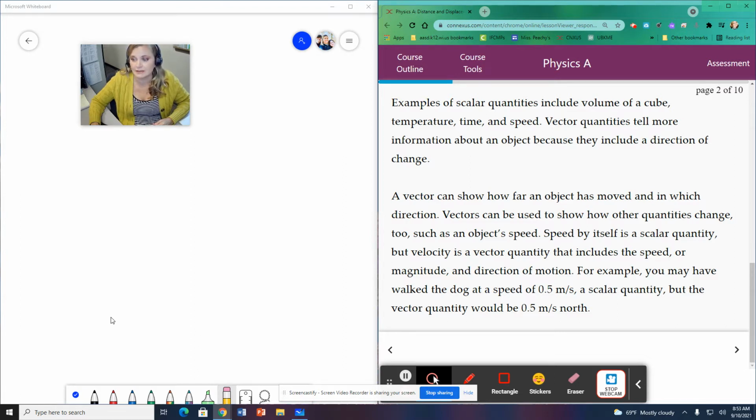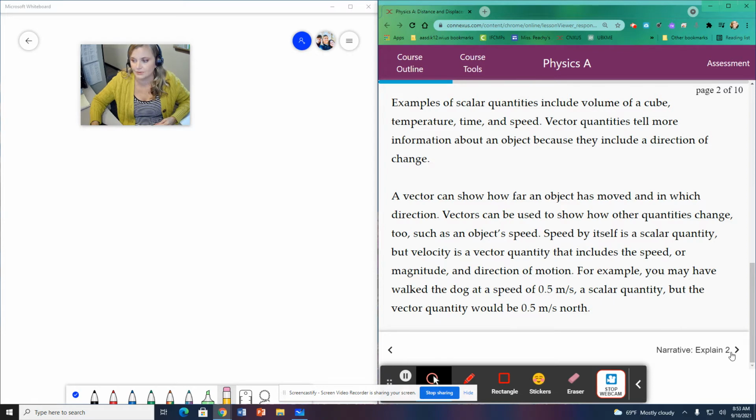Speed by itself is a scalar quantity, but velocity is a vector quantity. Some of you may have known that already because we harp on that a lot in physical science: the difference between speed and velocity is that velocity includes direction and speed does not, right?